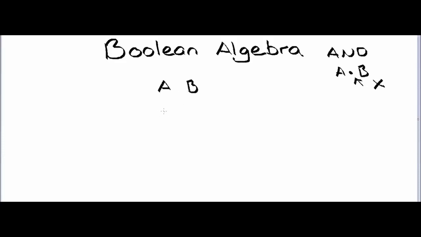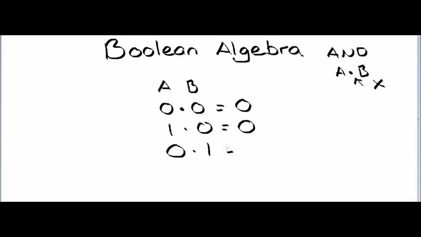So if we have our two inputs again, A and B, and we have 0 dot 0, so they are both off, if we multiply them together, so of course we are swapping out the dot for a multiply, 0 times 0 is of course 0. If we have a 1 and a 0, 1 times 0 is 0. And if we have 0 and 1, then of course we have 0. Then 1 times 1, that would equal 1. So you can see that it works out quite nicely with swapping the full stop to a multiply.